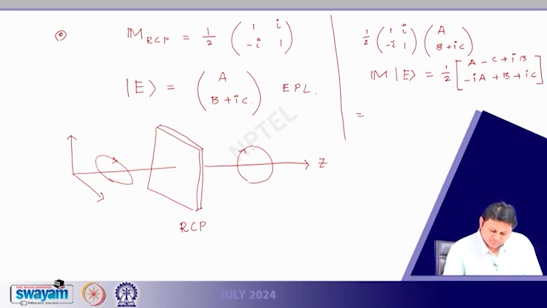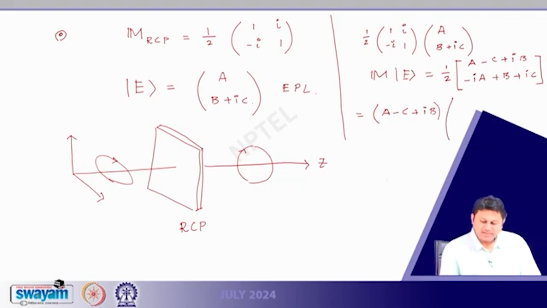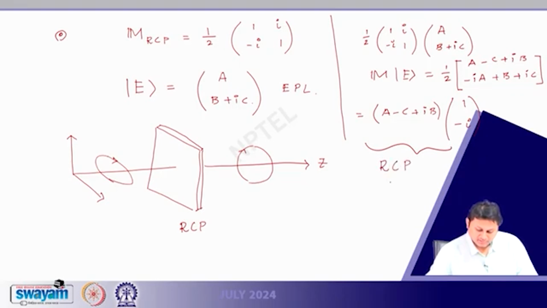But I can write this in this way. If I take A minus C plus IB common outside, then inside the matrix what I get is interesting, and that is 1 and minus I. Note that if I multiply A minus C plus IB with minus I, then I am going to get this value which is here, and if I want to find out the state of polarization, this is nothing but a right circular polarized light.